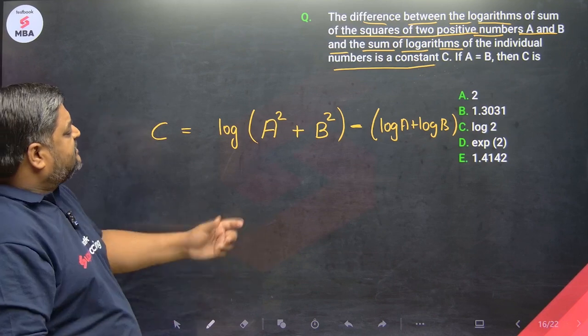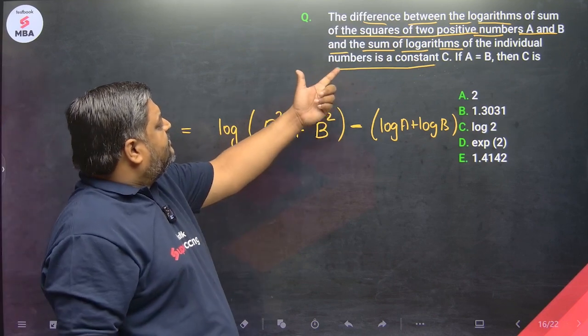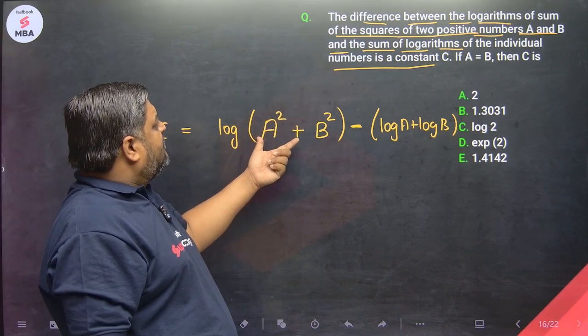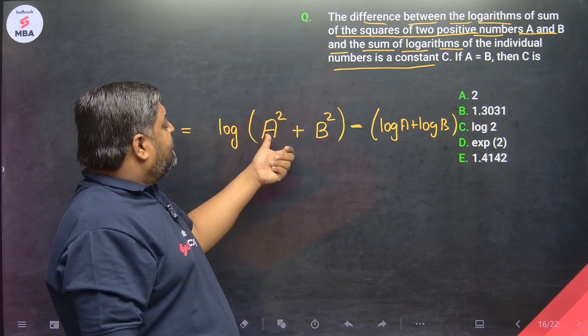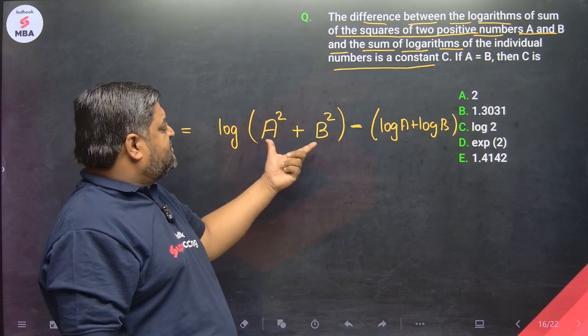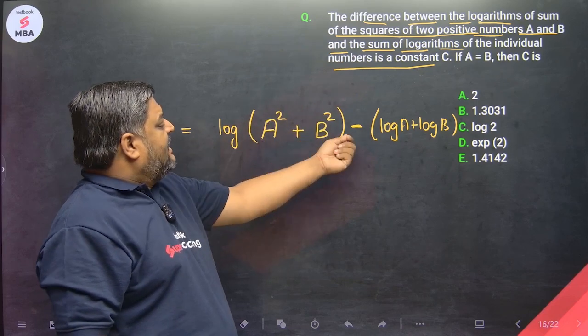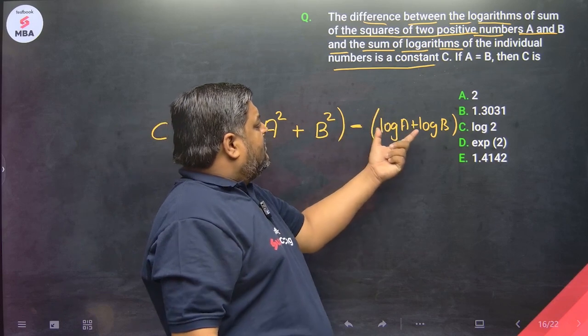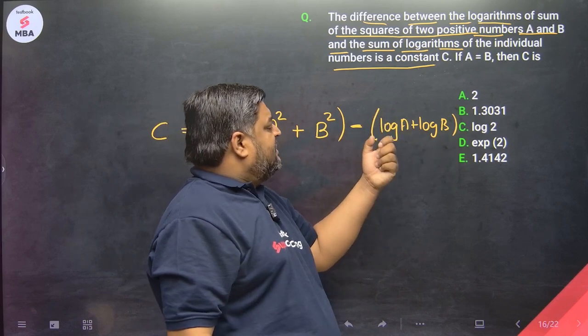So this is what is given. The logarithm of sum of squares of two positive numbers a and b and sum of logarithm of individual numbers is a constant.